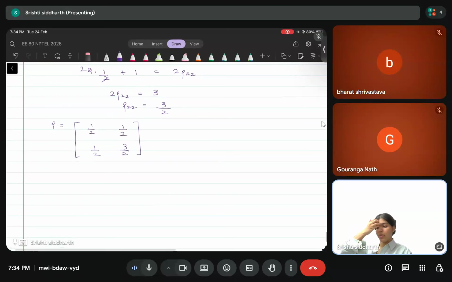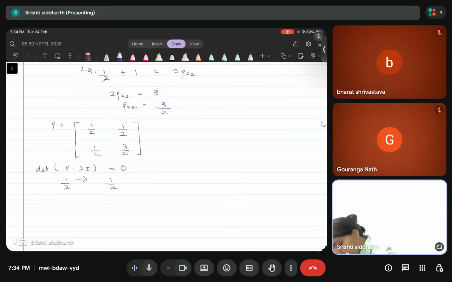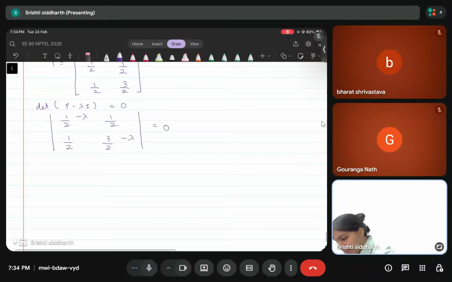Now let's check if this is positive definite. To check this, we have to compute the eigenvalues of P. This is determinant of P minus lambda I. We have half minus lambda, half, half, and 3/2 minus lambda, minus 1/4 equals 0.